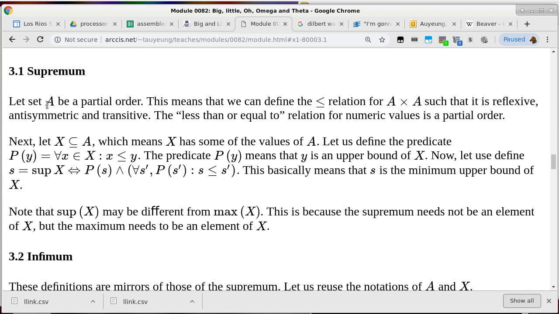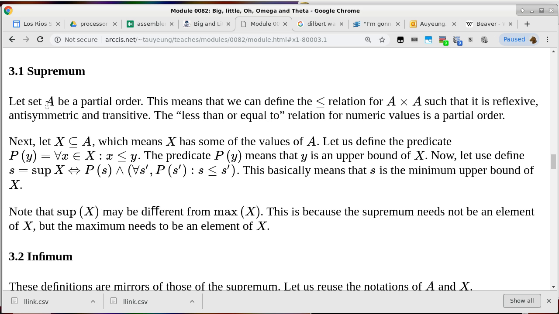Okay, that looks better. All right, so the key here is we have a set X, which is a subset of A, and then we want to define a predicate P on a particular value of Y. And the key here is Y doesn't have to be in X. Y can be outside of the set X. So when we define P of Y using this notation here, which basically says P of Y is true if and only if for all x in X, x is less than or equal to Y. So that means Y is at least as large as every element in X. And that's basically saying Y is an upper bound of X as a set.